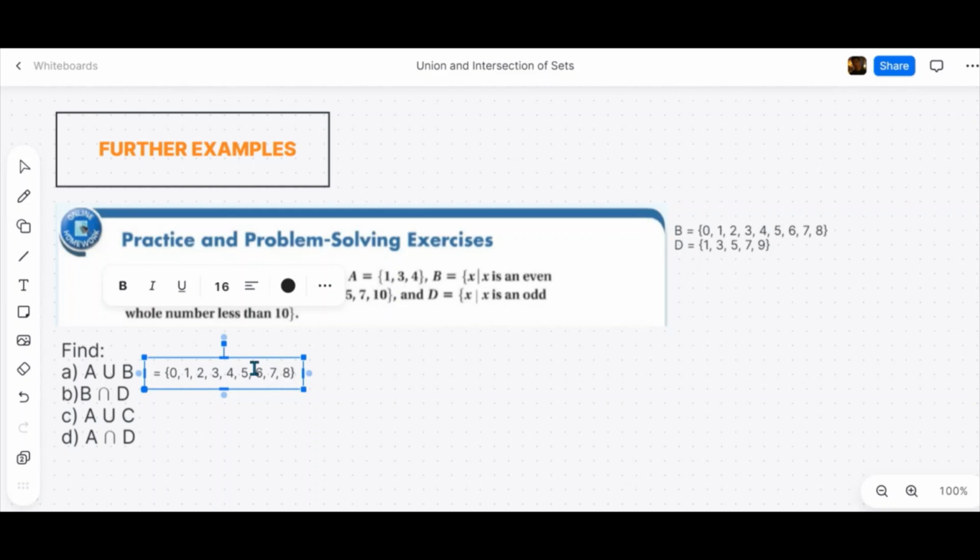It basically is just set B, since all of the elements in set A are also present in set B. Next one.